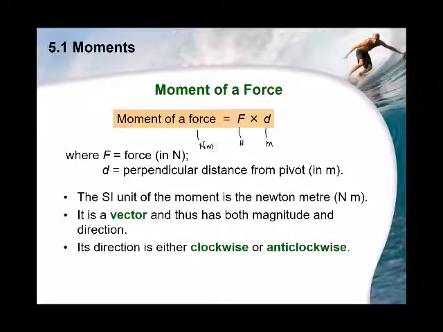We say that the moment of a force is a vector quantity because it has both magnitude and direction. So what will the direction be? The direction will either be clockwise or anti-clockwise. What do I mean by clockwise or anti-clockwise?